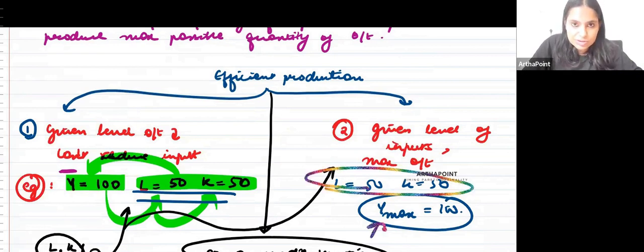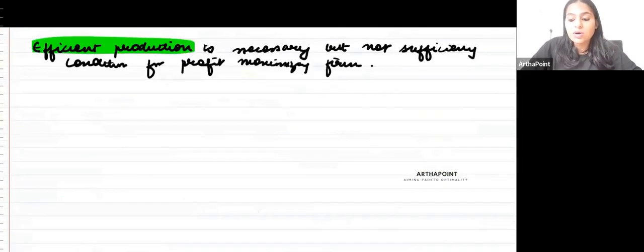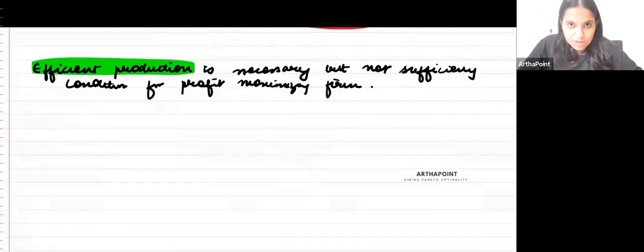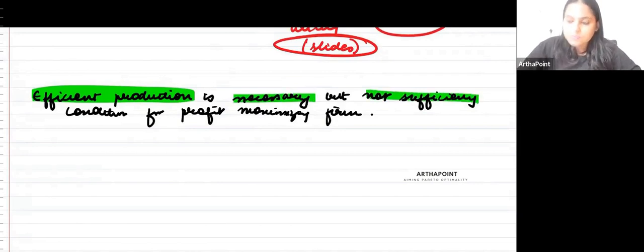These are efficient points. Now I am saying that once a firm is on the efficient points, it is a necessary condition for profit maximization, but it is not a sufficient condition. So let's elaborate on these two words.